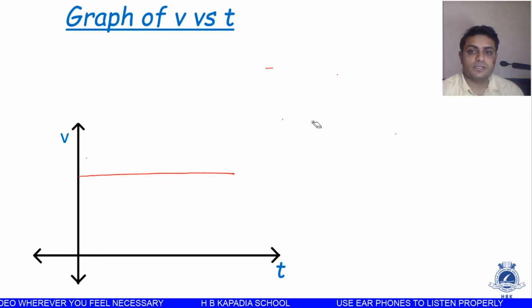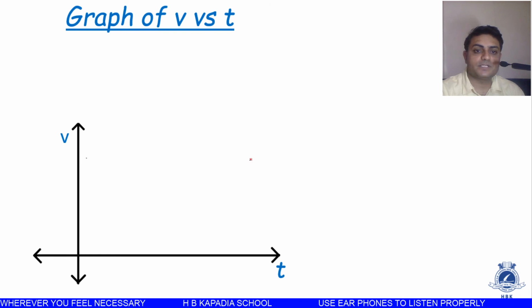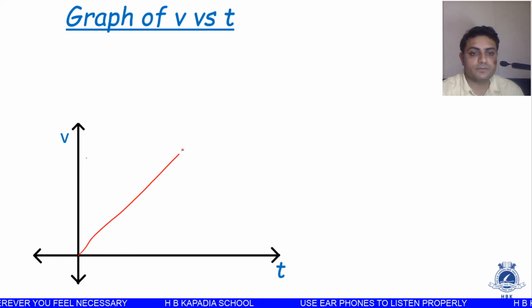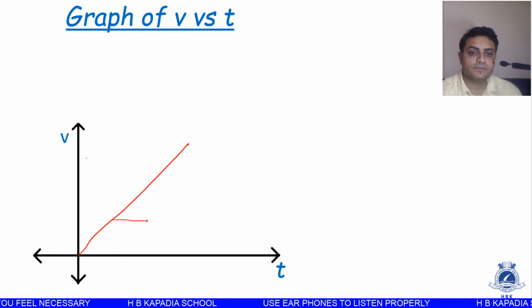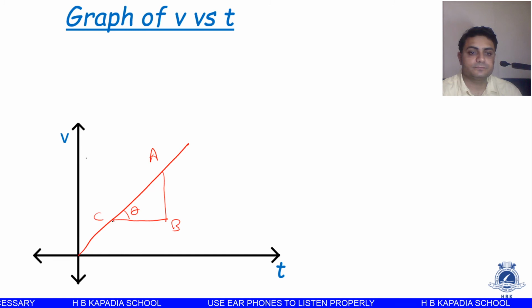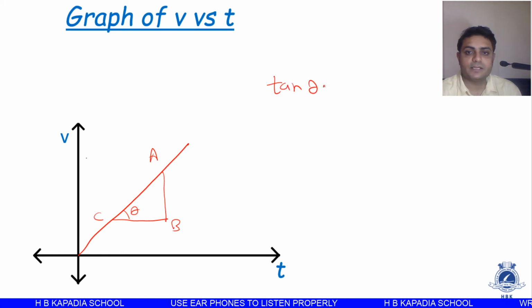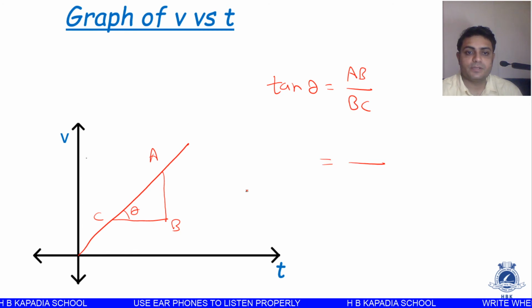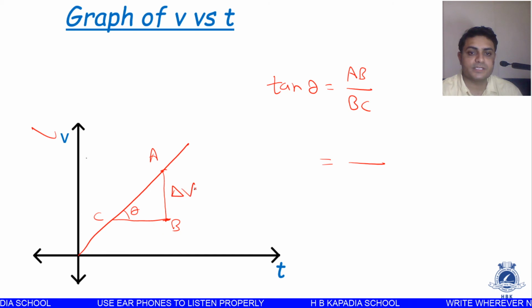So over here, when the velocity is constant, acceleration will be 0, but delta x will not be 0. If I find the slope of this graph, what will it give information about? See, this is the graph of v versus t. I'm finding the slope of this graph. This is theta, this is A, B and C. So tan theta will be AB by BC. This AB is parallel to the velocity axis, so this is the change in velocity.